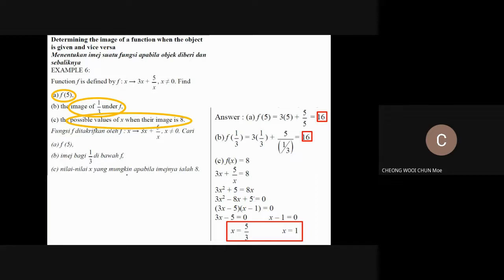So it must be different. So 5 plus 3, you get 8. So here is 3x, and then you put x. Here also can put x, here 3x also can. It's the same thing.